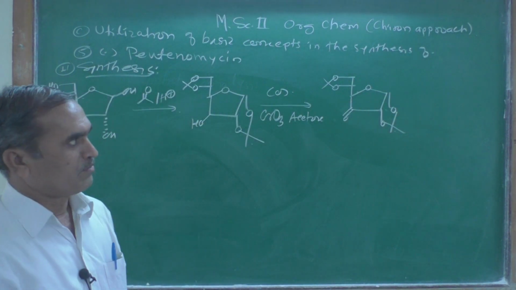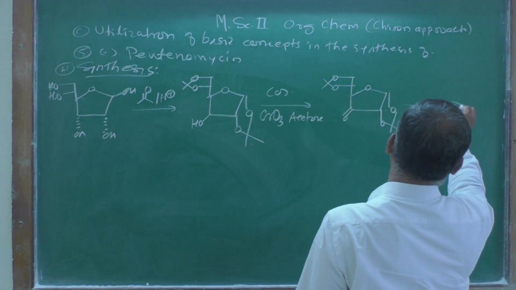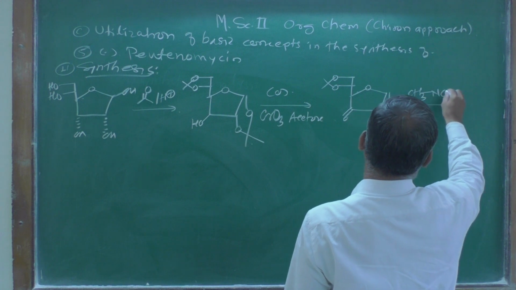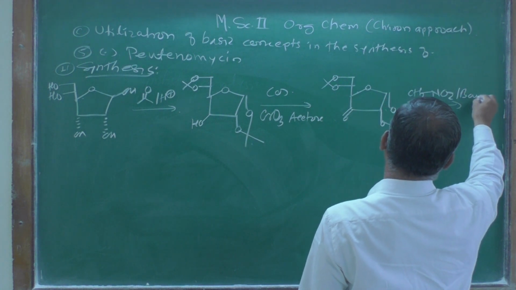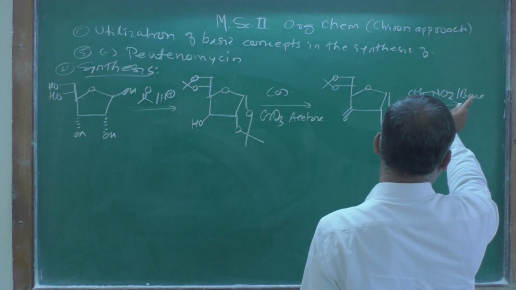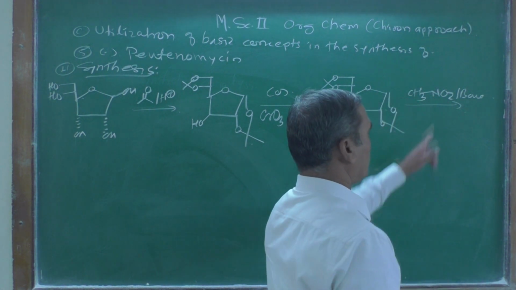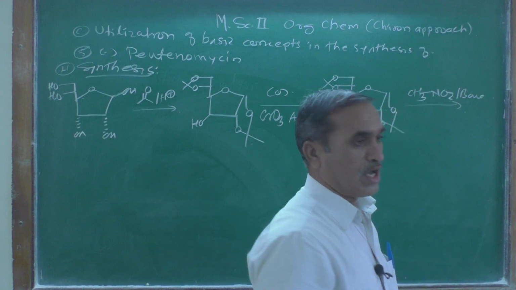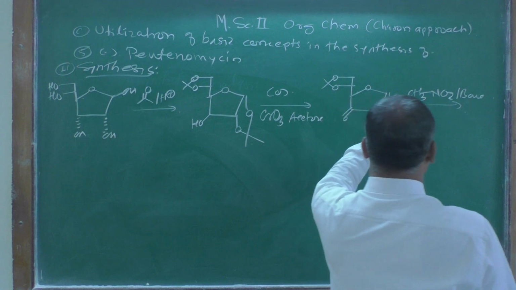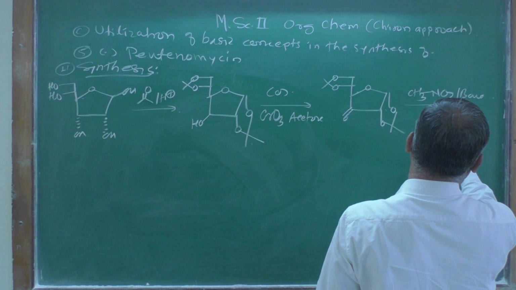And now further we use nitromethane, NO2, in presence of base. Base, sodium hydroxide or sodium hydride, you can use. What is going to happen? This base will abstract the proton. The formation of the carbanion is well stabilized due to the resonance effect, because the nitro group is an electron withdrawing group, and therefore it will stabilize, and that is going to attack the ketone, and you are going to get the product over here like this.